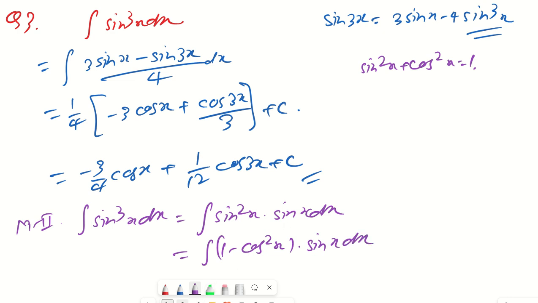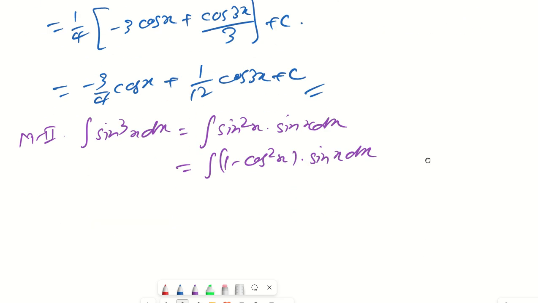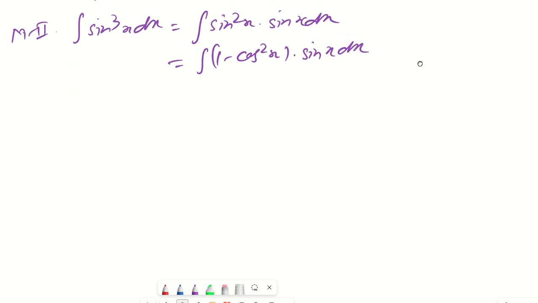Now we have already seen lot of substitutions formulas, right? So what we can do is, let us put cos x is equal to t.